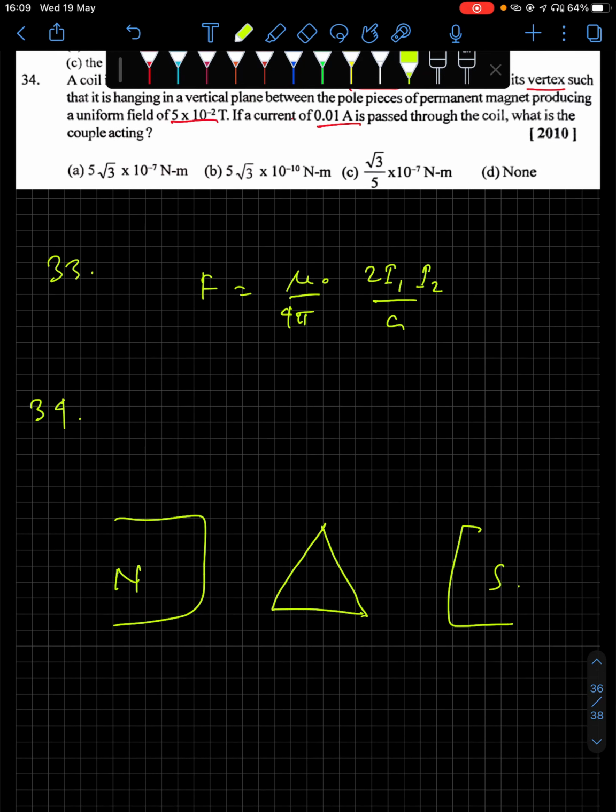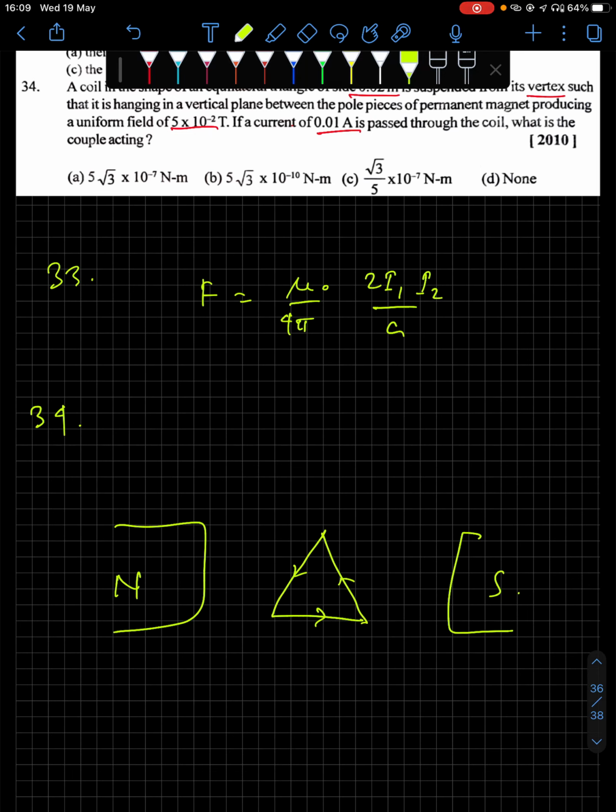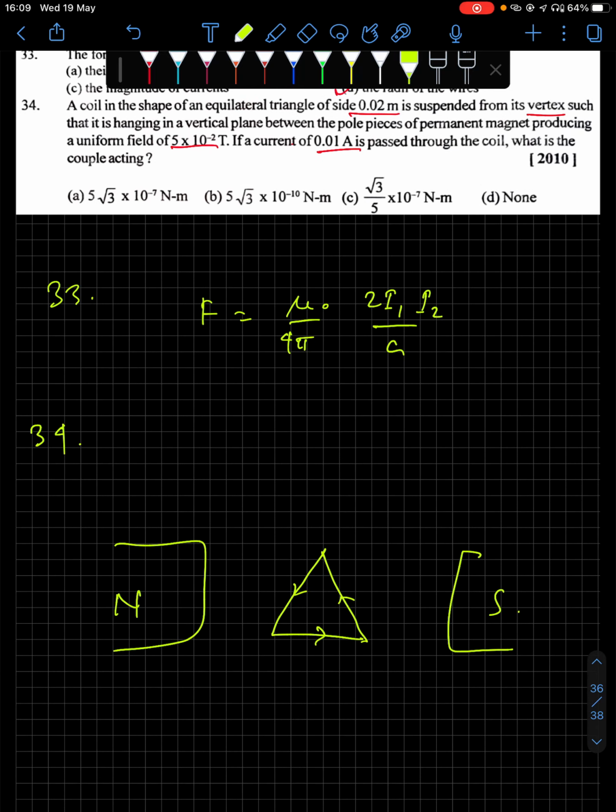Now the current, you can take any direction of the current, it doesn't really matter. Now the coil is in the shape of an equilateral triangle. The side of the triangle is given. Okay, so it is hanging between the poles of a permanent magnet, producing this field value, and this is the current value.